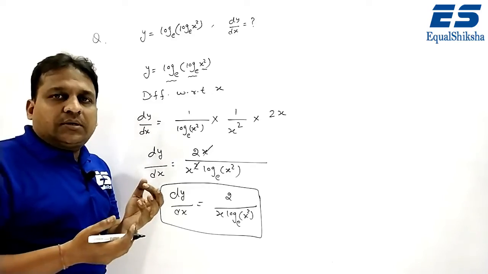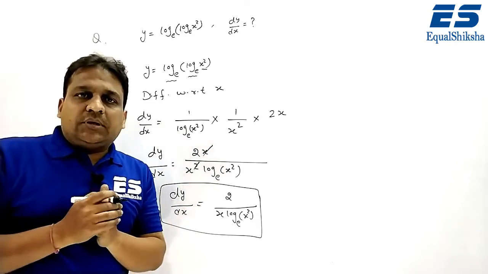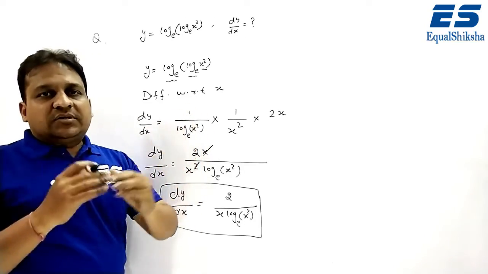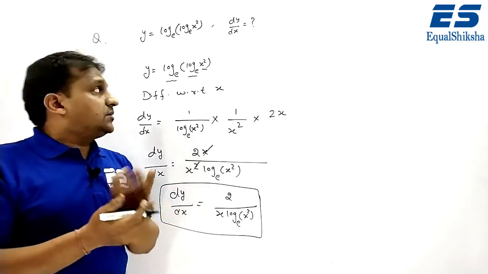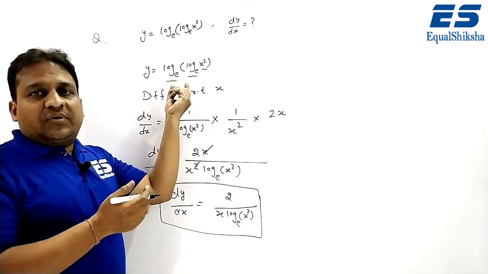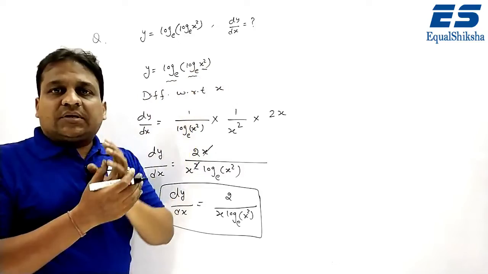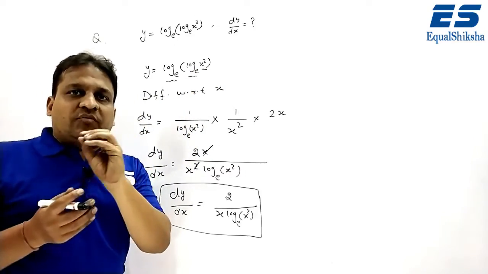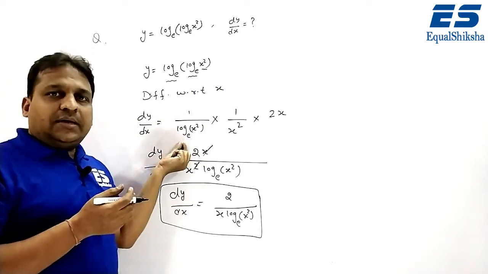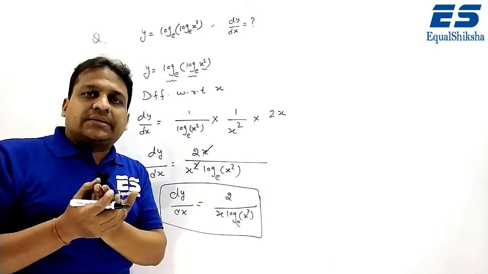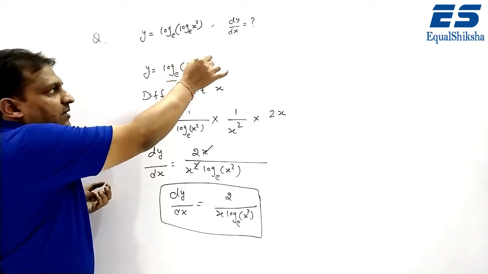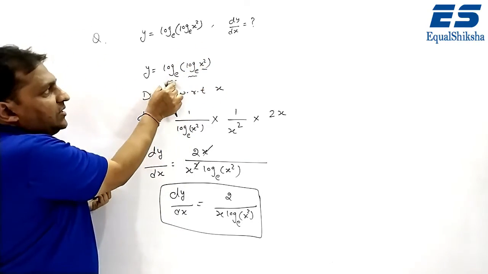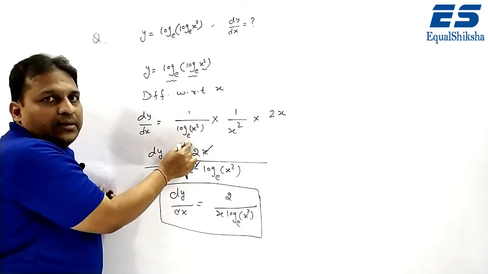So students, here the question was log base e of x square. First you have to check which type of question is given. Here there is a function of function. There are three functions. The first function is log, the second function is again log, and the third function is x square. So first we have to differentiate the first function, and the remaining second and third functions will be considered as x. So this function is considered as a whole x, and the differentiation of this log will be 1 by x.